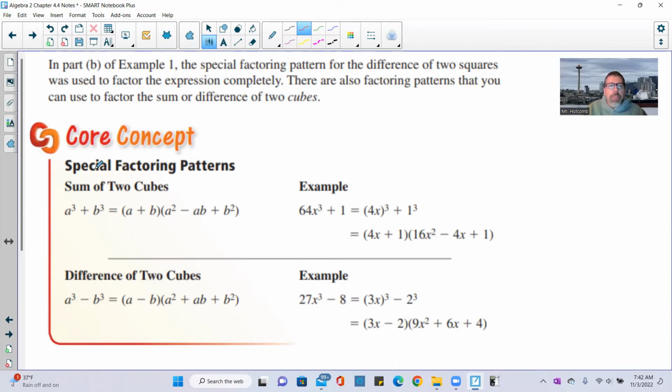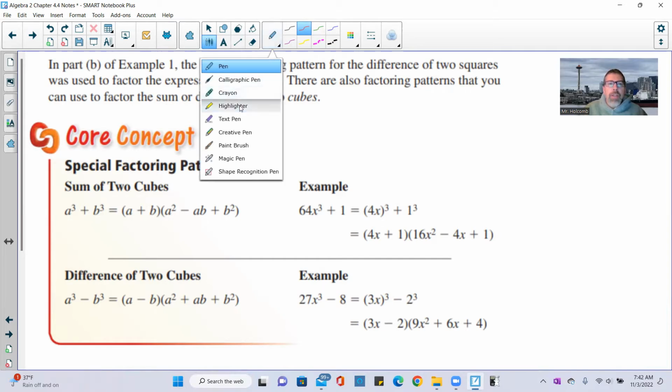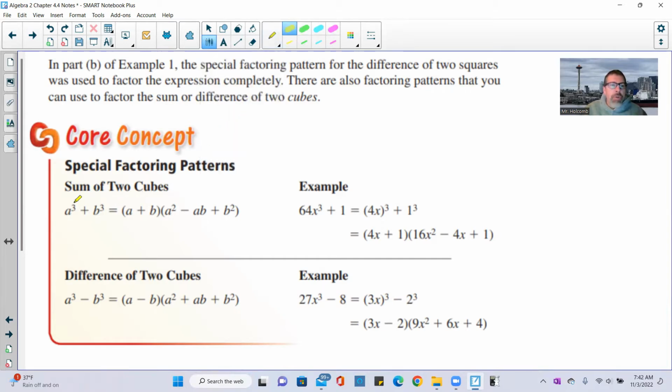So the core concept here is special factoring patterns for the sum of two cubes. Now I want to point something out to you in these. They may seem like a lot to remember, but if you have a cubed plus b cubed, where a is a perfect cube and b is a perfect cube, and you're adding, then the factors are a plus b times the first term squared minus ab plus b squared.